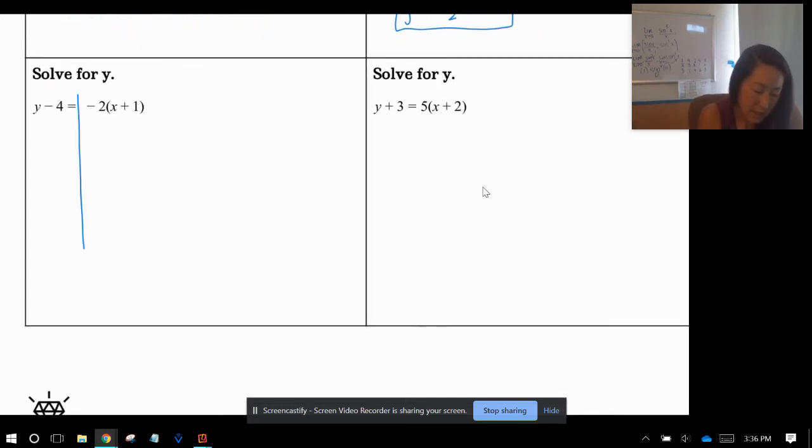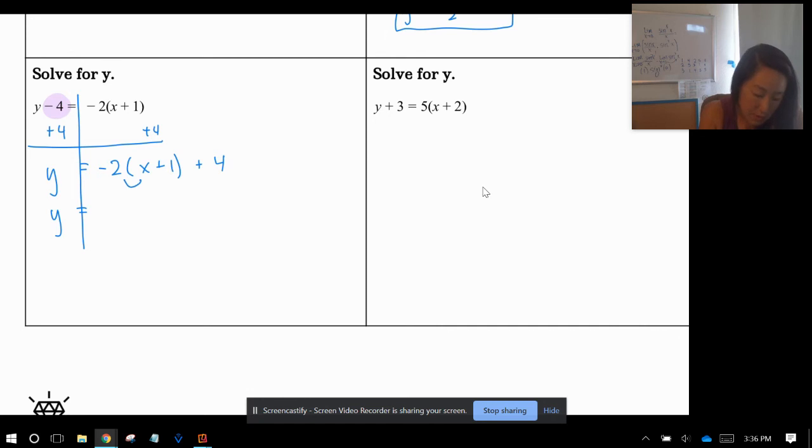All right, so the side with y has this -4. So how do I undo that? I'm going to add 4 to both sides. So I get y is equal to -2 times x plus 1 plus 4. It looks like I can do a little simplifying on the right-hand side.